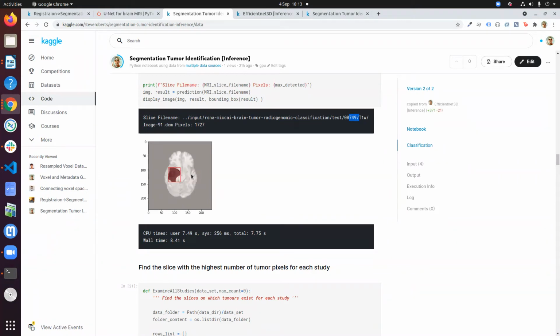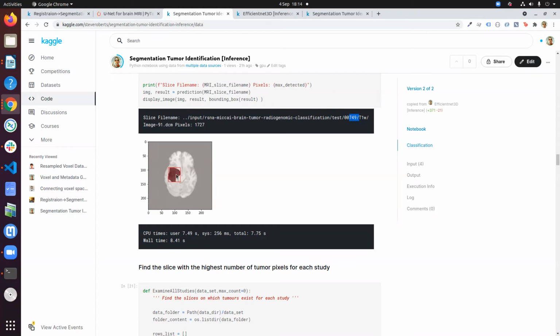So for each one of the DICOM images, I can draw this box, but at the minute I'm not using that. All I'm doing is using it to find which index in the depth dimension has the most tumor pixels on it, just to find the central image. But the next step would be to cut it just to that red region there.